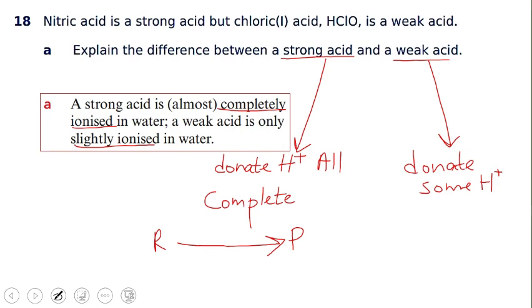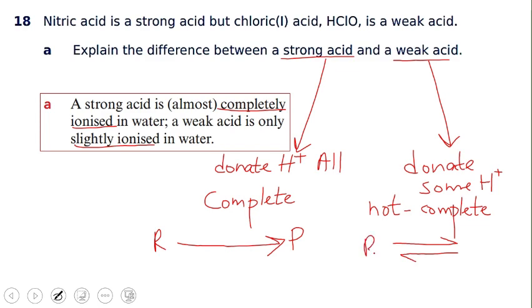Then we can talk about the weak acid. A weak acid slightly dissociates. It will just donate some H positive, and that H positive can again combine and go back. So the reaction will never go to completion. And for the arrow, it will always be a reversible arrow.